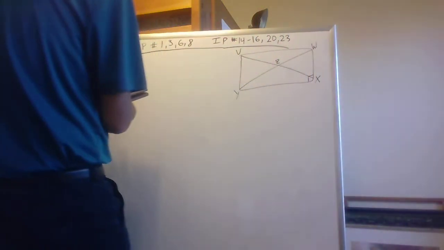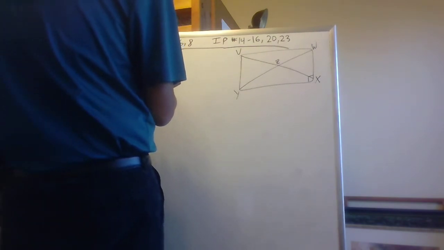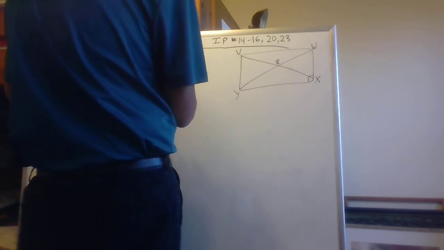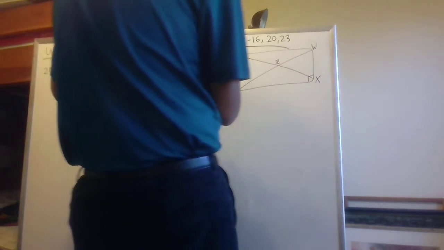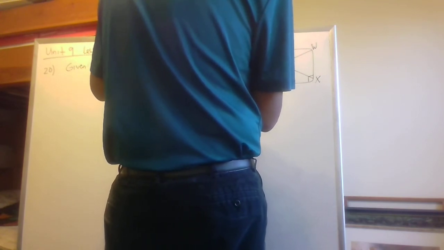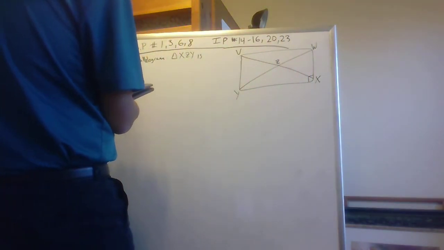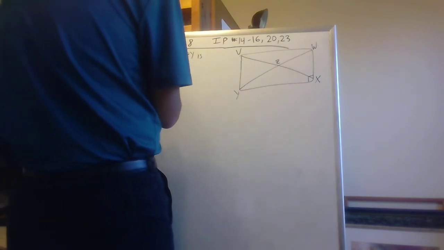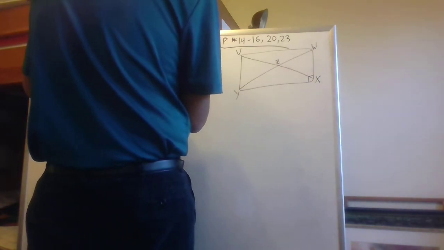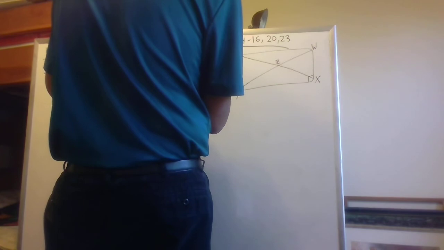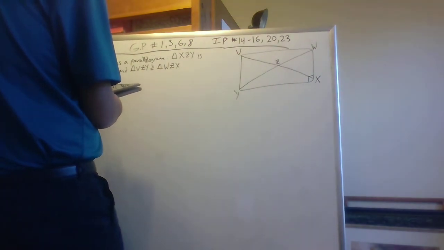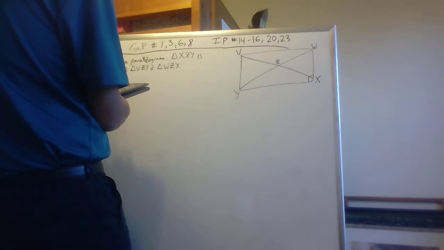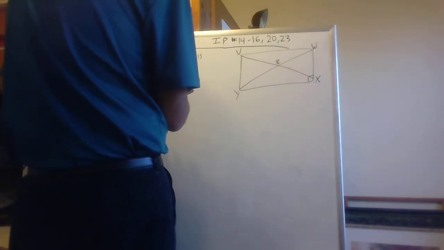And then it says given: VWXY is a parallelogram, triangle XZY is isosceles, and triangle VZY is congruent to triangle WZX. And it says prove VWXY is a rectangle.